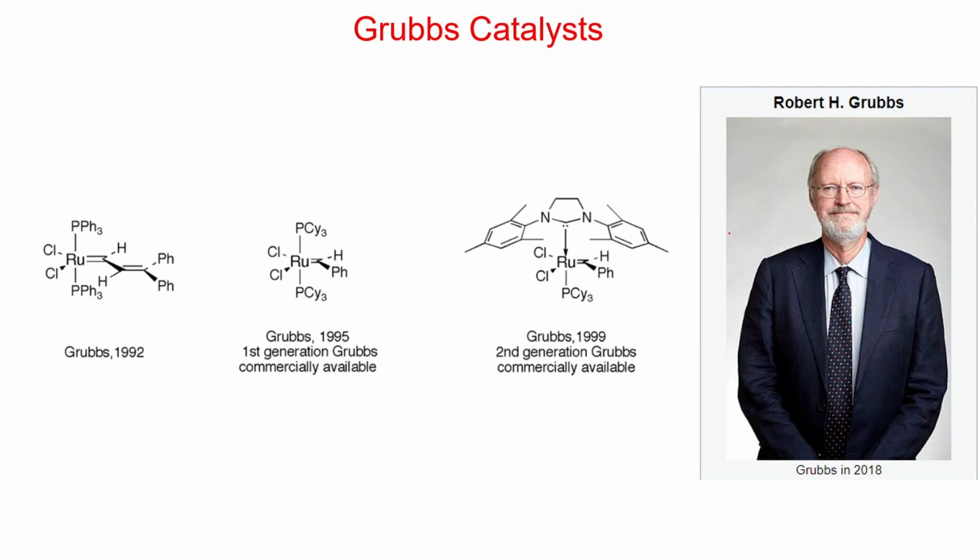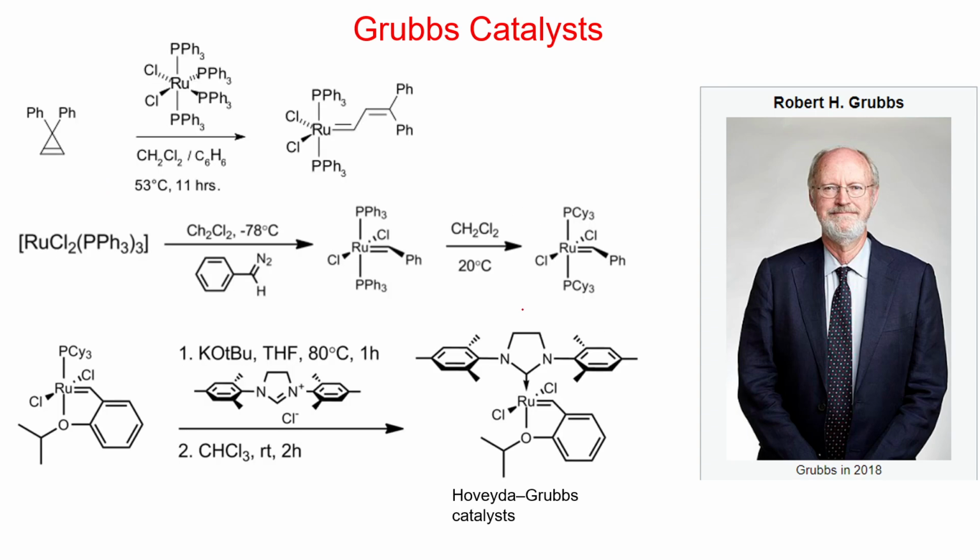This is the first one. Initially, PPh3 was used. After that, it was replaced with this cyclohexyl, PCy3, followed by this imidazolylidene, and then this is the second generation. In that way, they have been synthesized.